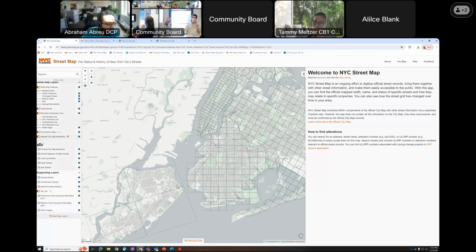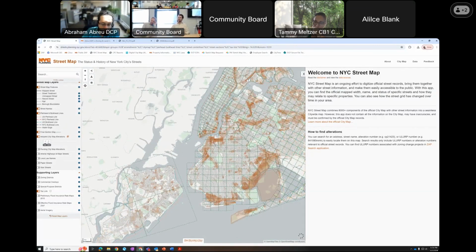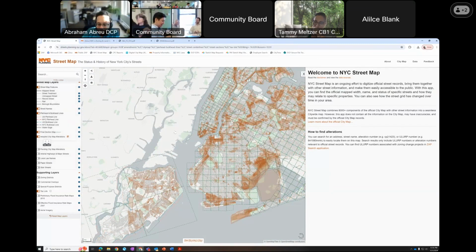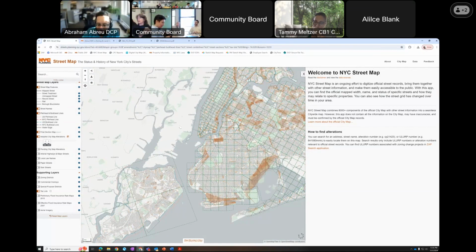I think it's probably going to be the 30s, because that's when city planning became the custodian of the city map. So stuff pre-30s, you may need to talk to the borough president's office.